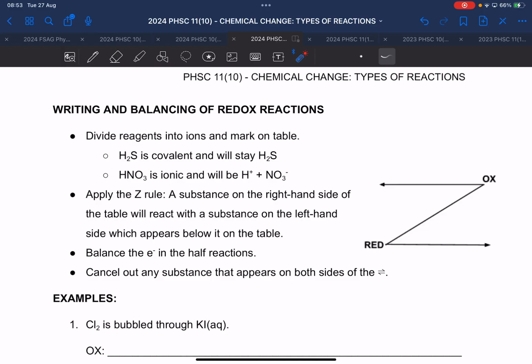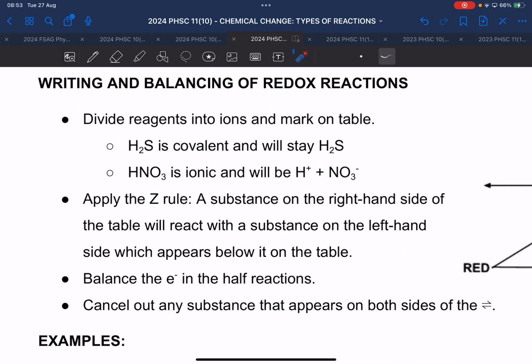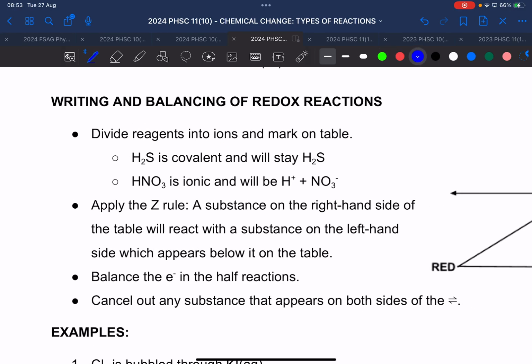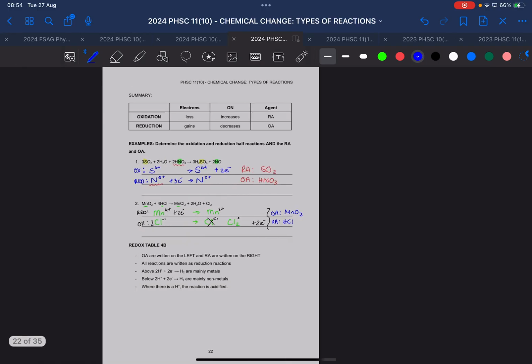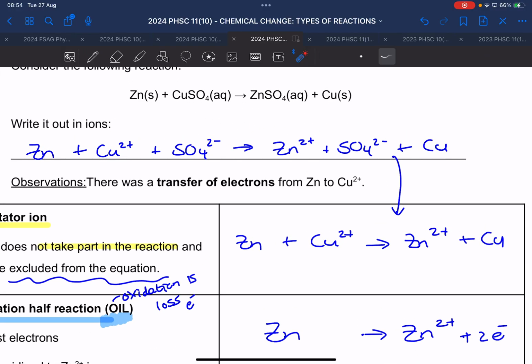But to be able to make the Z, you must be able to identify the half reactions. So when you get a reaction, you're going to divide the reagents up into their ions. For example, when we had copper sulfate, we said we're going to look for copper ions and the sulfate ions. You remember that? We split it up into the copper ions and the sulfate ions.